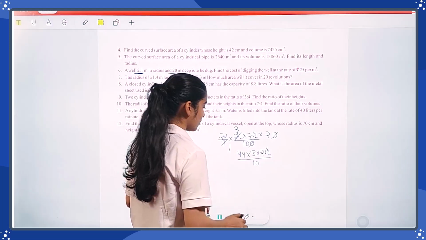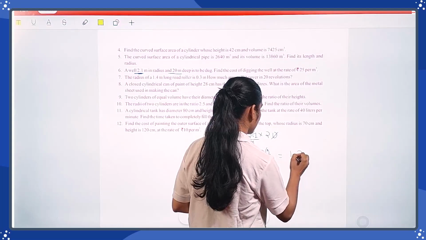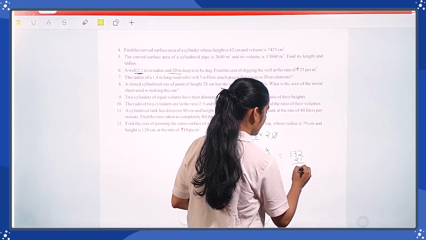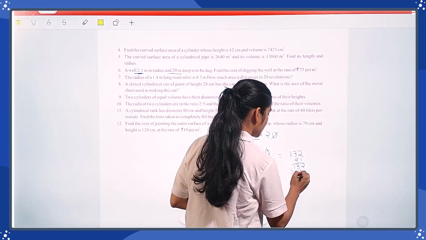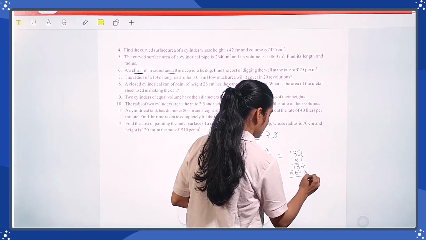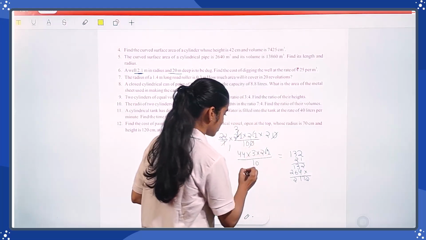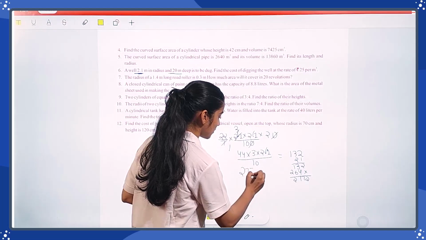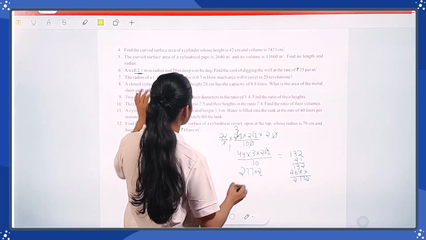So we have 10. 44 multiplied by 3, 3 4s are 12, 132 multiplied by 20, 2 2s are 4, 2 3s are 6, 2 1s are 2, 277.2. So your answer is 277.2 meter cube.